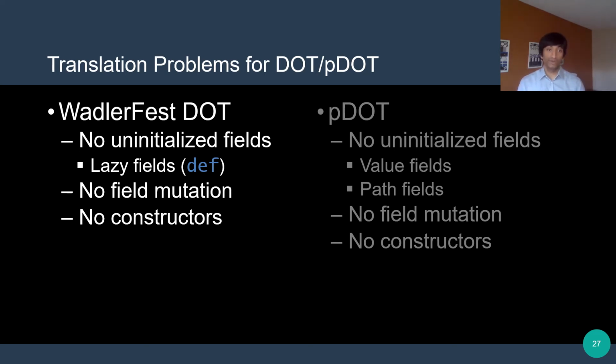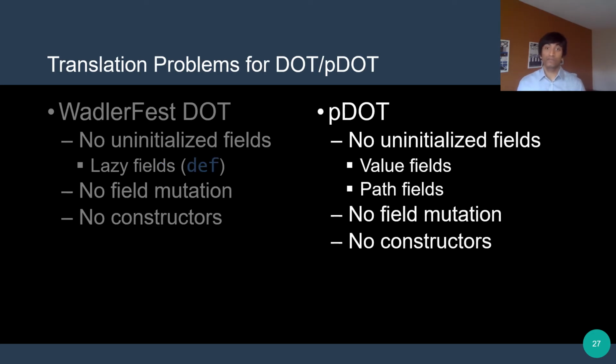Wadler-Frisk has no notion of field mutation, so there's no notion of replacing a null with something more initialized. It also has no constructor, so there's no distinction between code that assumes objects to be initialized and code that's initializing objects. The PDOT calculus from last year's OOPSLA also has no notion of uninitialized fields. Fields are always pre-populated with values or paths.